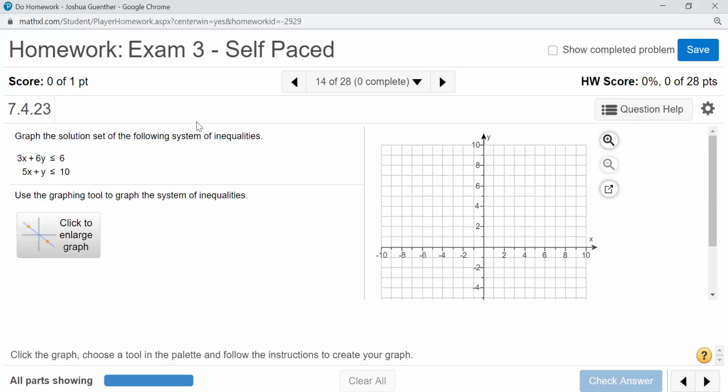So we have 3x plus 6y less than or equal to 6 and 5x plus y less than or equal to 10. So I'm going to take a picture of that so that I don't screw it up. Then I'm going to show you how it will look on a graph.